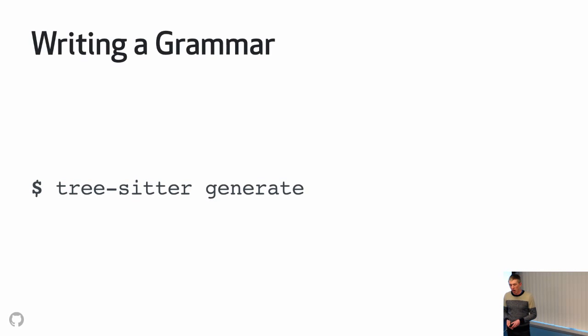I think the hardest things are, the paradigm is to model your language as using a context-free grammar, which is just: this can be built out of that, this can be built out of that.